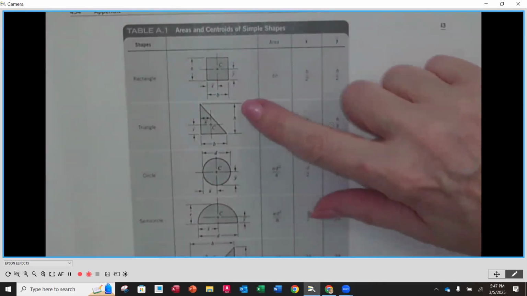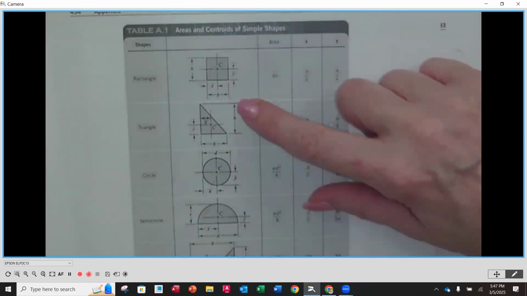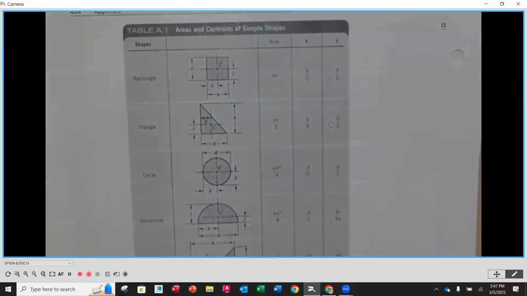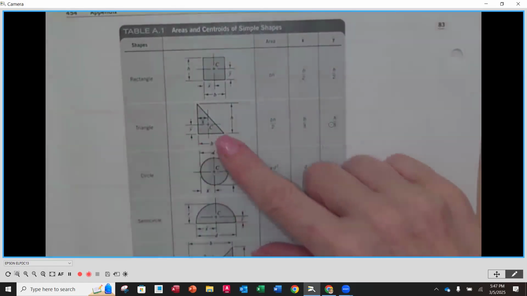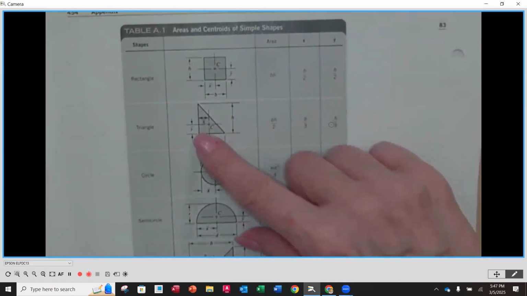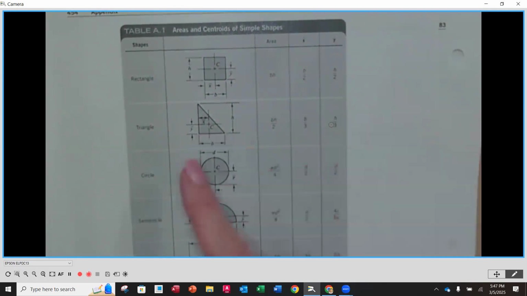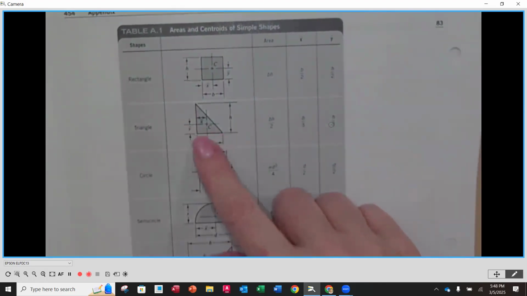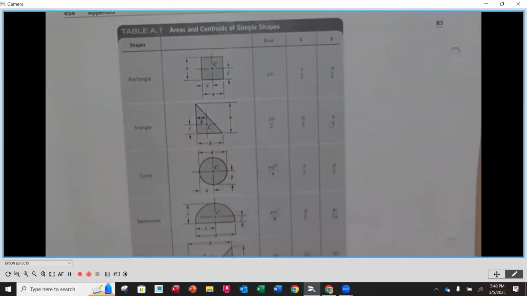So for instance, for our height here, the Y bar is going to be 1/3 of that total height. And it's going to come from, if you would, the base or the wider part of the triangle. When we do our X bar, you're going to notice that we have the high side and the low side. It's going to be 1/3 of the base from the high side where our X bar is going to be.